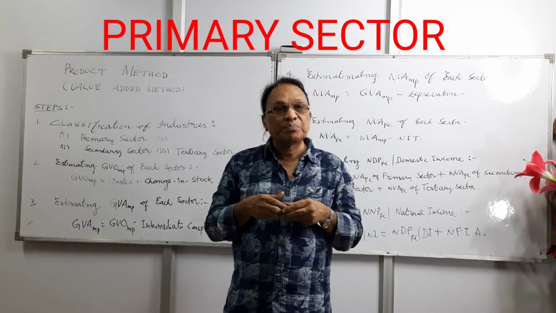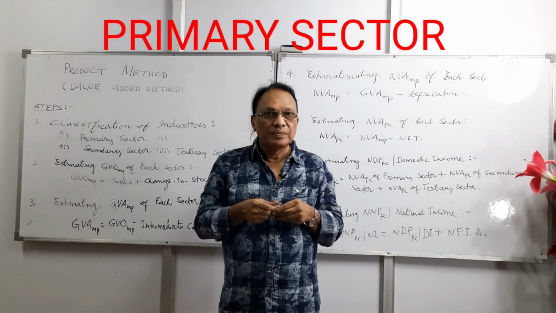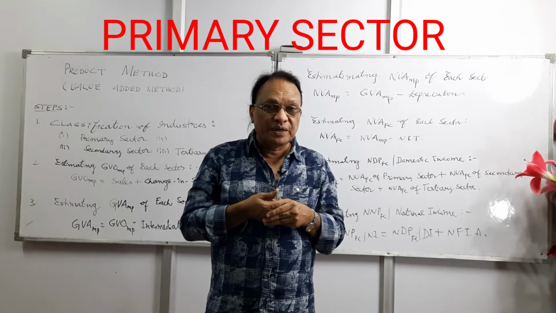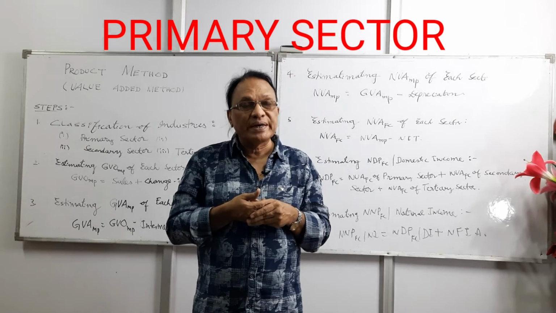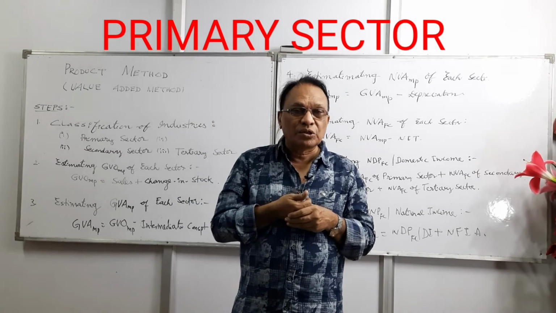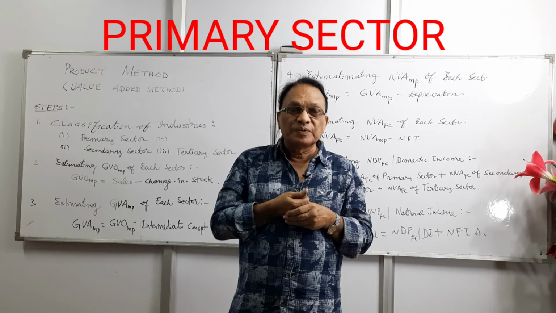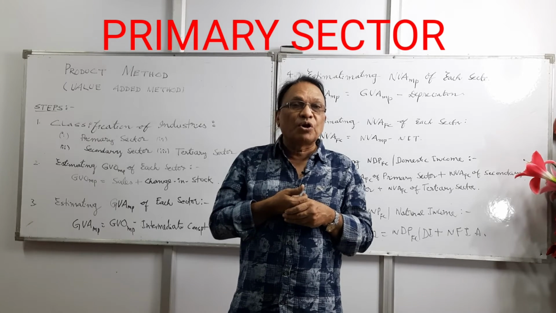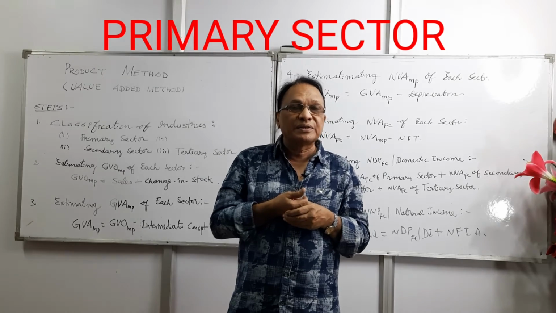Like in the economy, some people are farmers. They produce rice, wheat. Some people are fishermen. Some people do logging. Some people do quarrying, mines and all. So the first step is classification of industries.